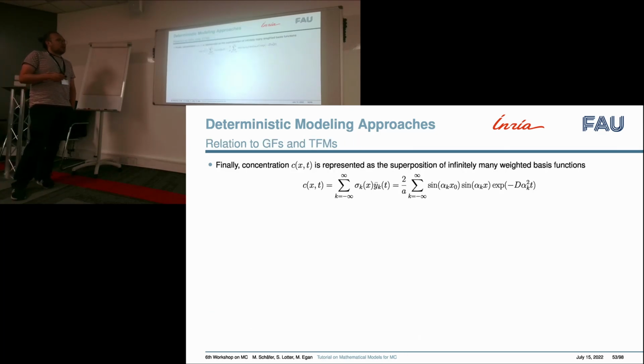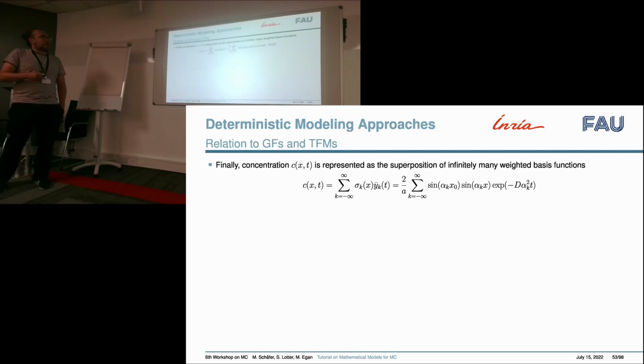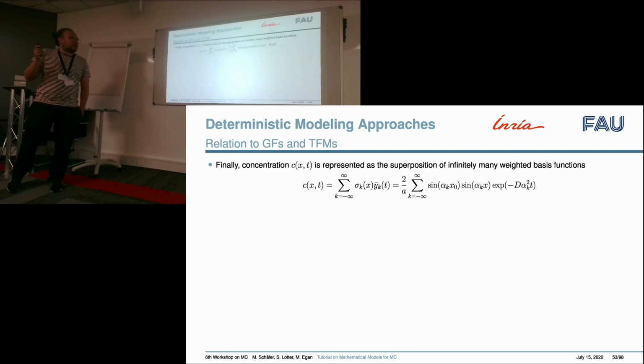Finally I can represent the concentration, as we have shown for this expansion, just by summing up the basis functions and the expansion coefficients. Now where's the relation to the Green's functions and the transfer functions?